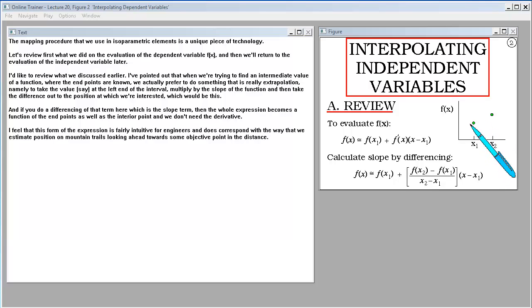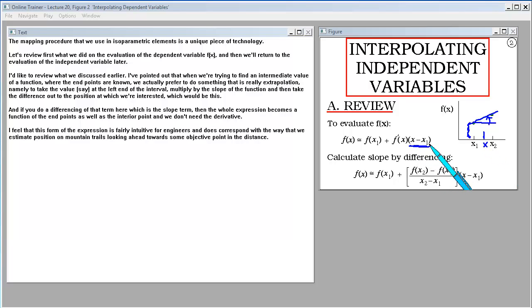I've pointed out that when we're trying to find an intermediate value of a function where the endpoints are known, we actually prefer to do something that is really extrapolation, namely to take the value, say, at the left end of the interval, multiply the slope of the function, and then take the difference out to the position at which we're interested, which would be this.